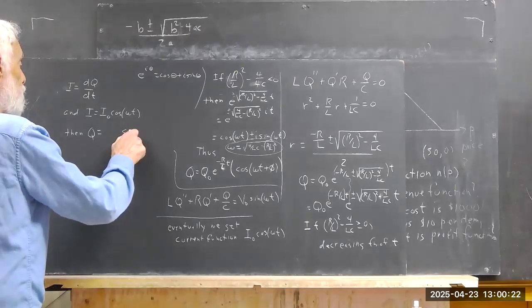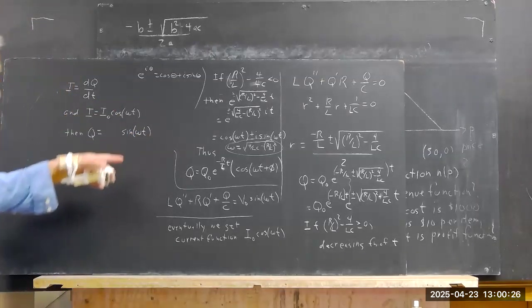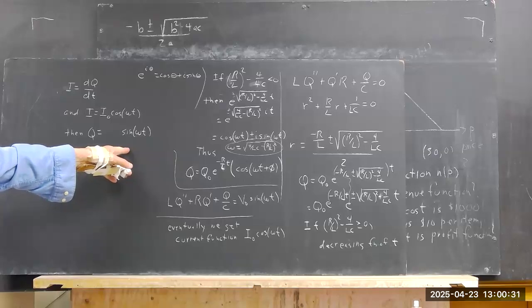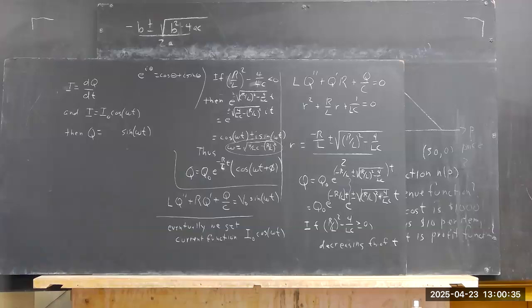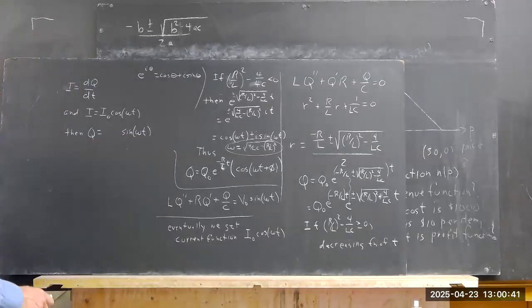You take the derivative of q to get I naught cosine omega t. It's got to be a sine of omega t, because to get a cosine by taking the derivative, you better start with a sine. That should be pretty obvious. So if it isn't, make sure you think about it till it is. So q is some multiple of the sine of omega t.